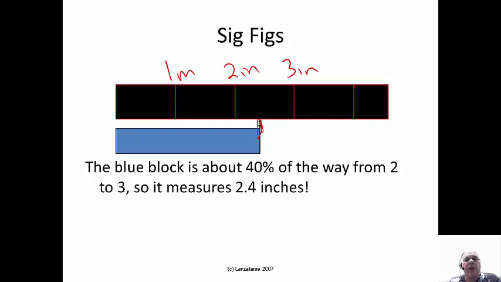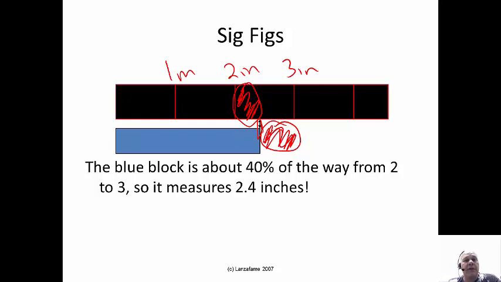And so if I were to record it as simply 2 inches, I'm throwing away the knowledge I have that in fact my block extends past 2 inches. And if I were to write 3 inches, I'm essentially including what I know to be empty space as part of my measurement.